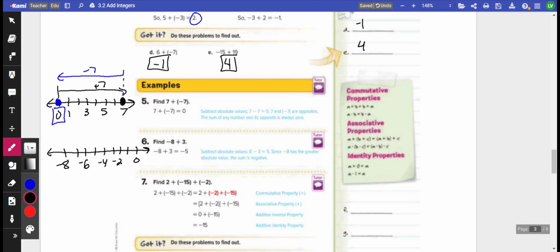It doesn't matter, and you could label every single point. It's just that this makes it a little simpler. So if I start at 0, and I go to the left 8, I'm going to plot that point. Now I want to add 3. When I add 3, I go to the right 3.